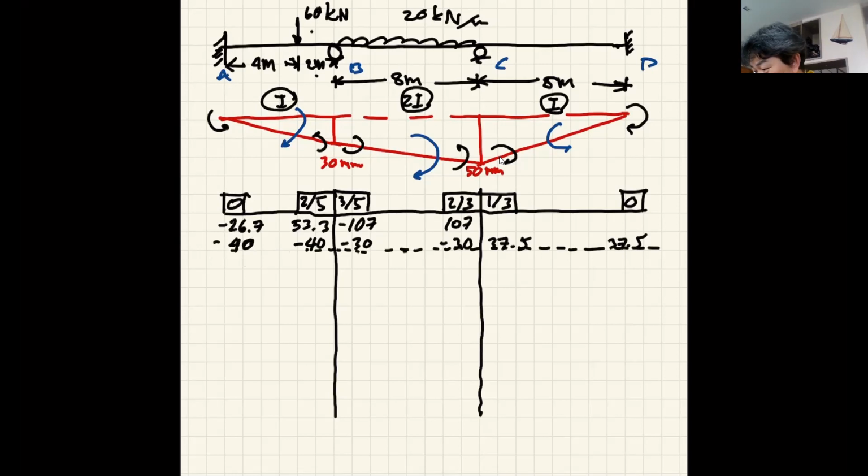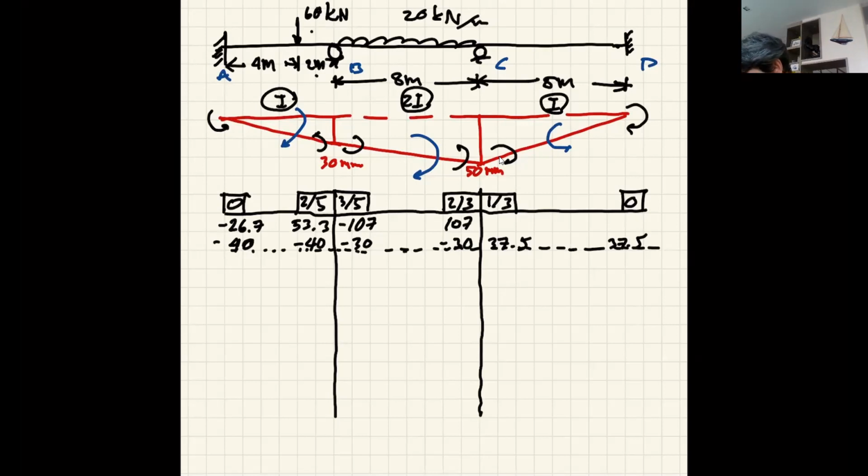It's just the dotted line to show you this is the fixed moment. So you need to balance this. Now we're going to balance it by, let's say we use the red. I'm going to balance this first, and we have so many here, so you guys better be careful.